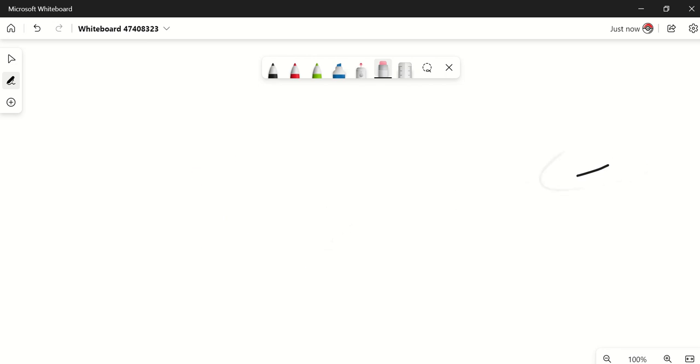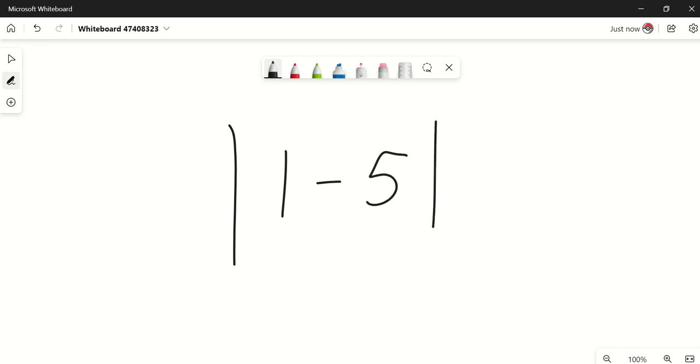Another example would be something like this. 1 minus 5, the absolute value of 1 minus 5. We know that when I subtract 5 away from 1, it's going to become the absolute value of negative 4.